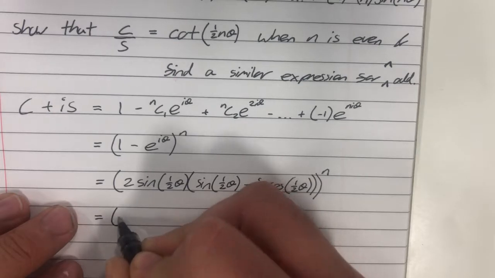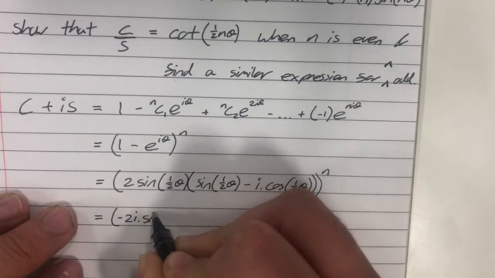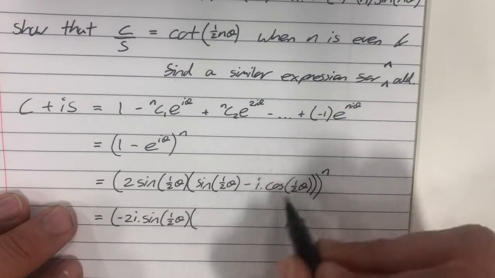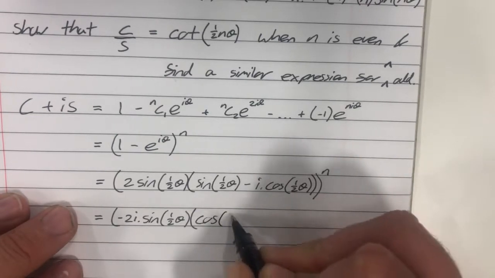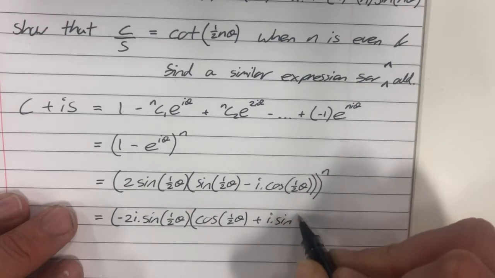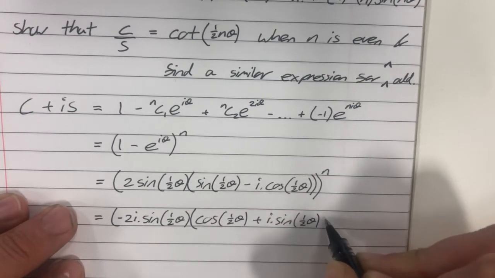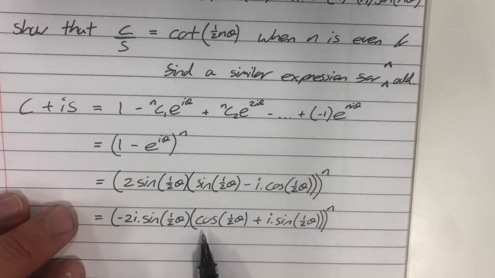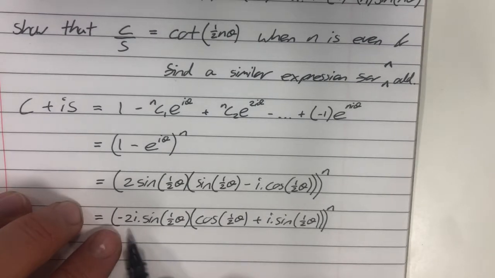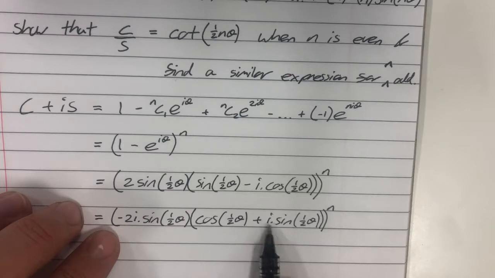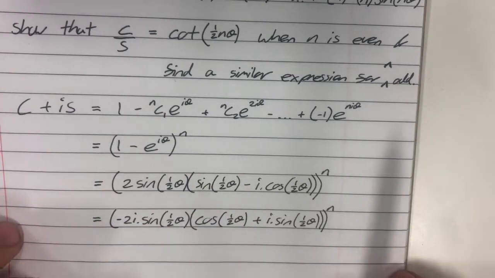So that's going to become minus 2i times sine of a half theta, and that's going to leave me with cos of a half theta plus i times sine of a half theta. So if I were to bring that minus i back in, I'd get the minus i cos of a half theta here. The minus i and the i would combine to give a positive 1, which would give me back my sine of a half theta here.